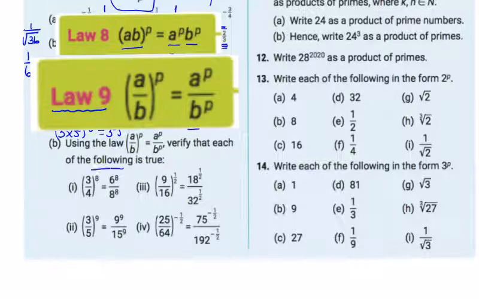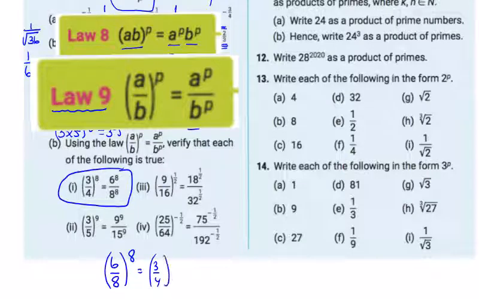So what we're looking at here is simplifying the 6 to the power of 8 over 8 to the power of 8 to be 6 over 8 to the power of 8, which simplifies to be 3/4, which is equal to the left hand side if you want to write that. Therefore true if you want to expand it out. In part 2, the 9 over 15, we're just going to get 9 over 15 to the power of 9, which is 3 over 5 to the power of 9.